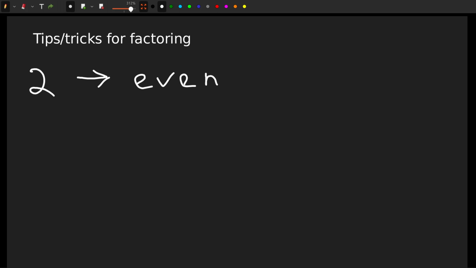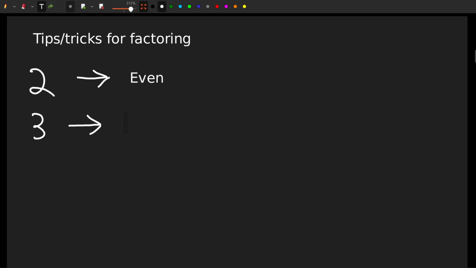With the number 3, the tip for factoring here is you need to add... Actually, the better thing for me to do in this case is I'm just going to type out the results here for you guys, because I don't want to write it out by hand. For 2, the number needs to be even.